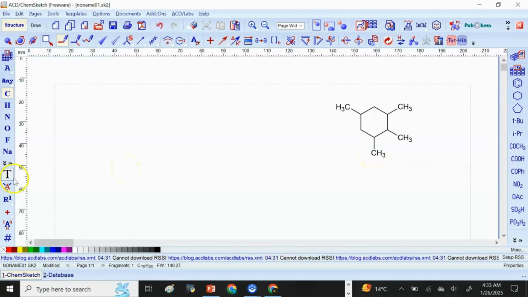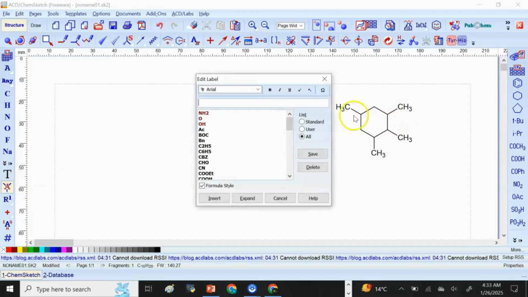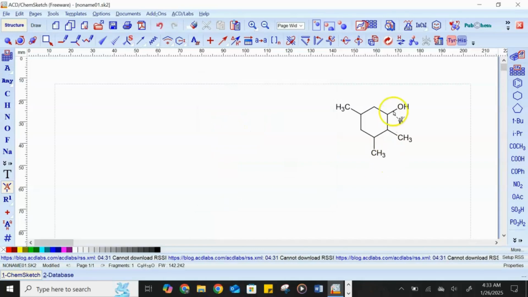We can achieve that by simply clicking on this tool right here, the edit atom label tool. Once you click on it, you click on the atom you want to change, and you type OH. The best part about this is you can also change the font to any font you prefer, but I prefer Georgia, so I'm going to pick Georgia and insert immediately.